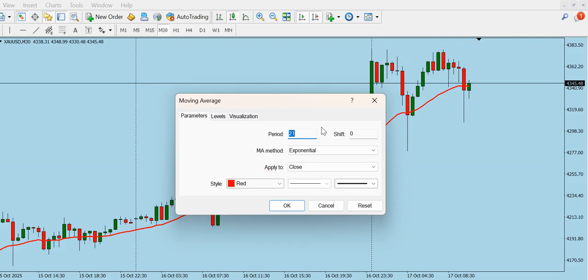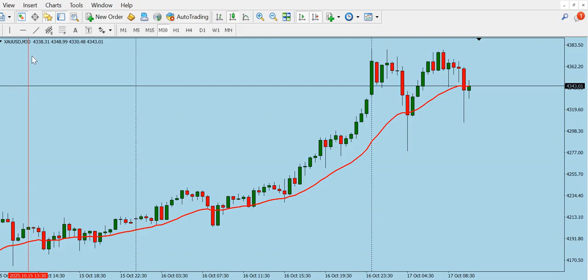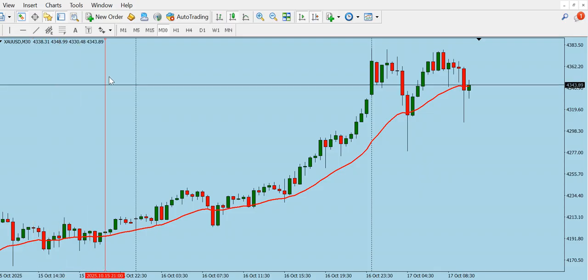But you start with loading the 21 EMA on the chart with color red. Now the next is to put the vertical red lines on the chart with the spacing of 4 hours.